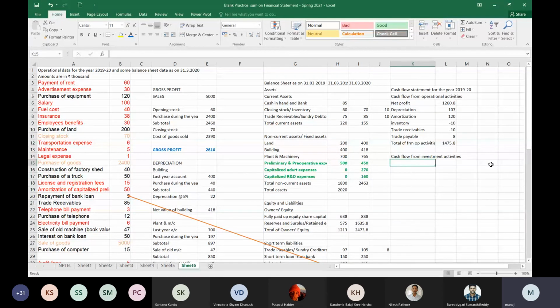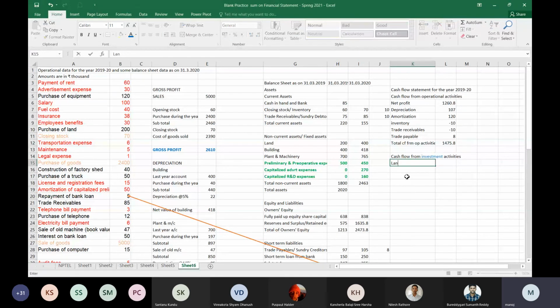That is why it is investment. Invest money to procure long-term assets. That is why it is called cash flow from investment activities. So wherever you have invested money, that should be shown here.